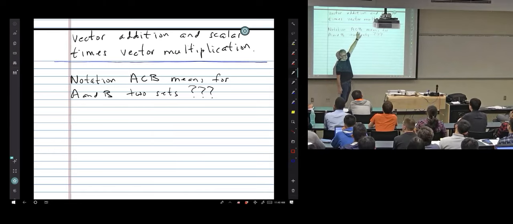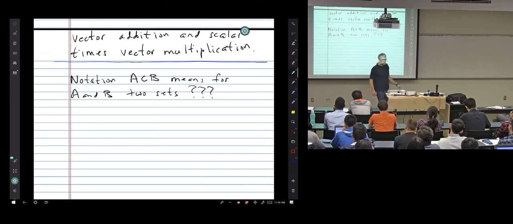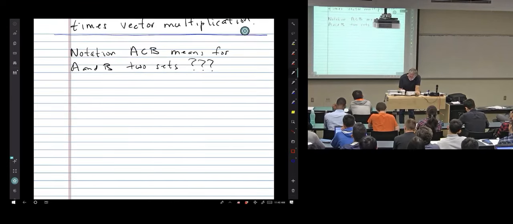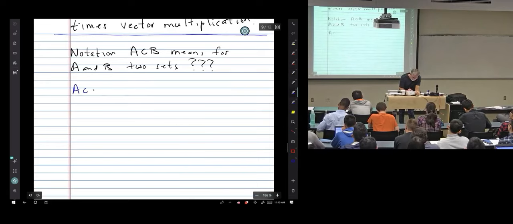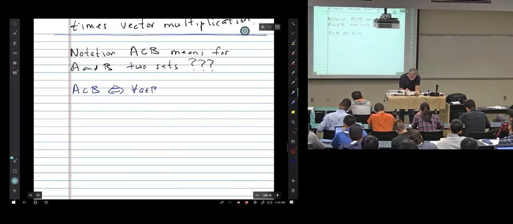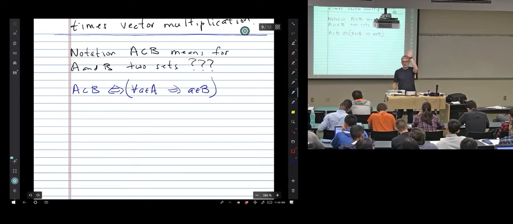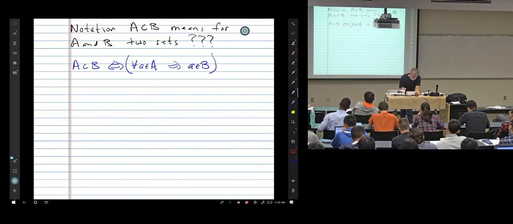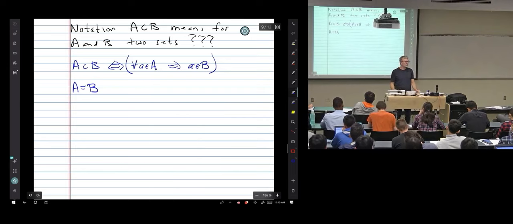And that is completely false, okay? All this notation means A is contained in B if and only if for every element a of A, we also have that a is an element of B, okay? So the reals are a subset of the reals. It's okay. It's the whole thing. Now, what does it mean that two sets are equal?